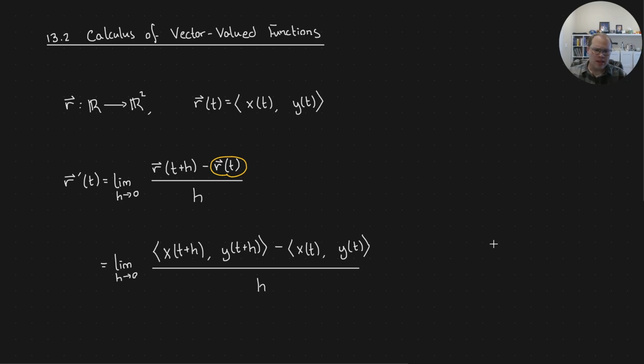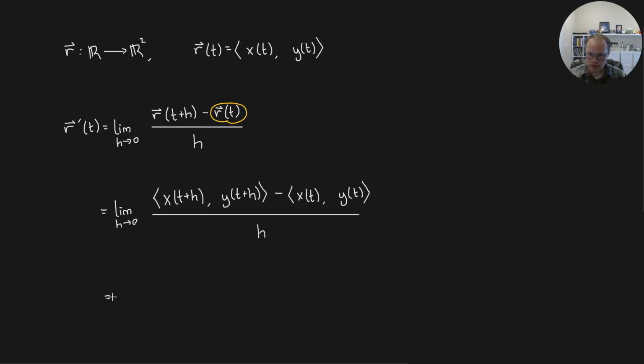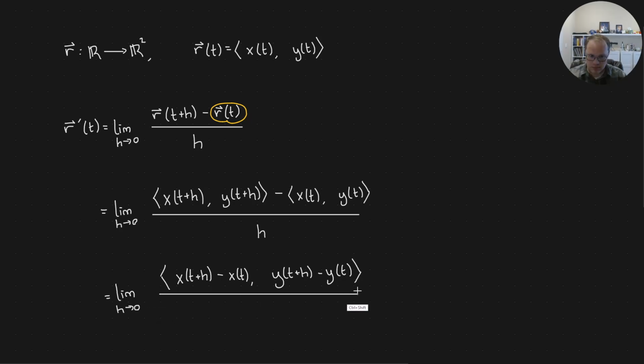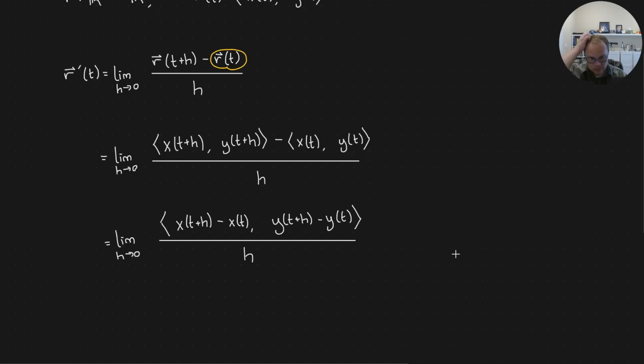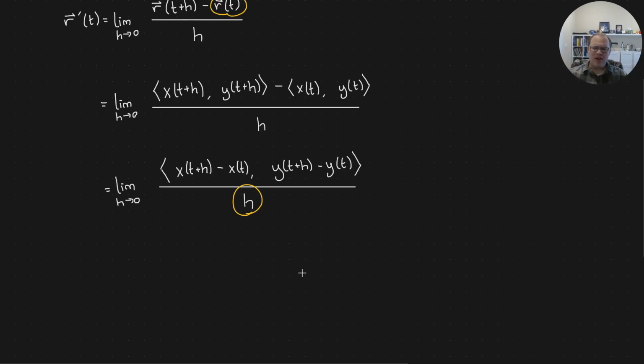Now let's do a little vector arithmetic. In the numerator of this fraction, we have some vector subtraction. Doing the subtraction, I get first component minus first component, so x of t plus h minus x of t, comma, and then second component minus second component, y of t plus h minus y of t, all divided by h. How do I divide a vector by h? Remember, we think about that as scalar multiplication.